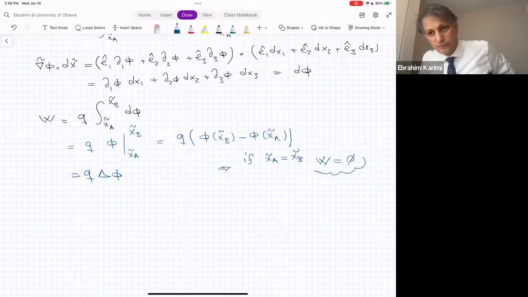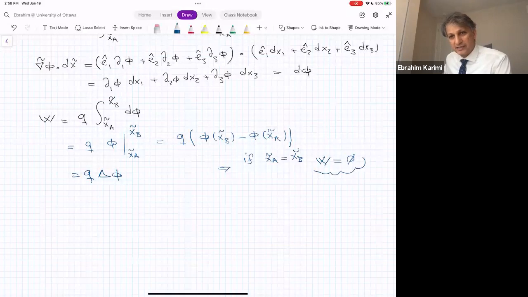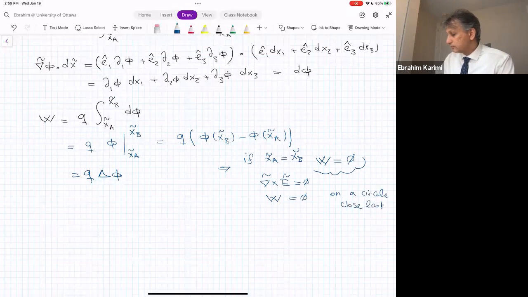That's a conservative force, essentially. I think last time Gavin asked about the curl of E. What does it mean that it is 0? If the curl of E is equal to 0, this means that the work on a circle, or closed loop, will be 0. Okay?